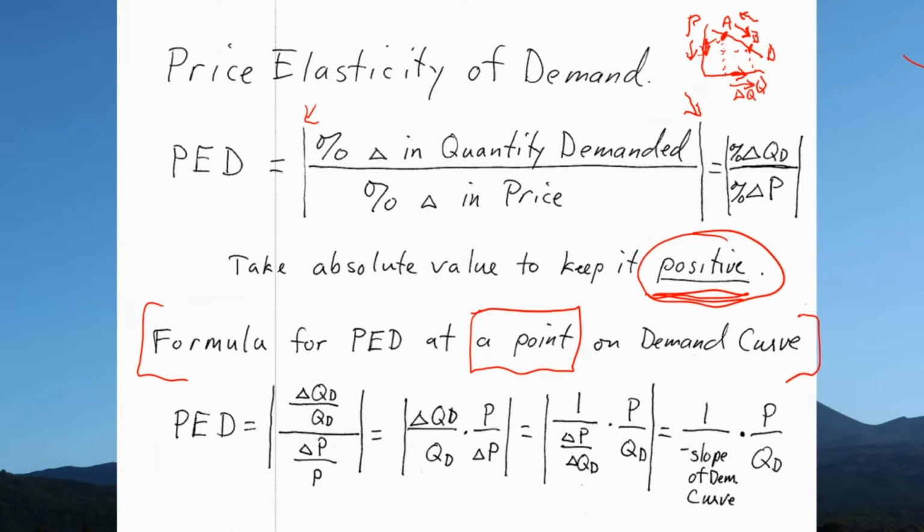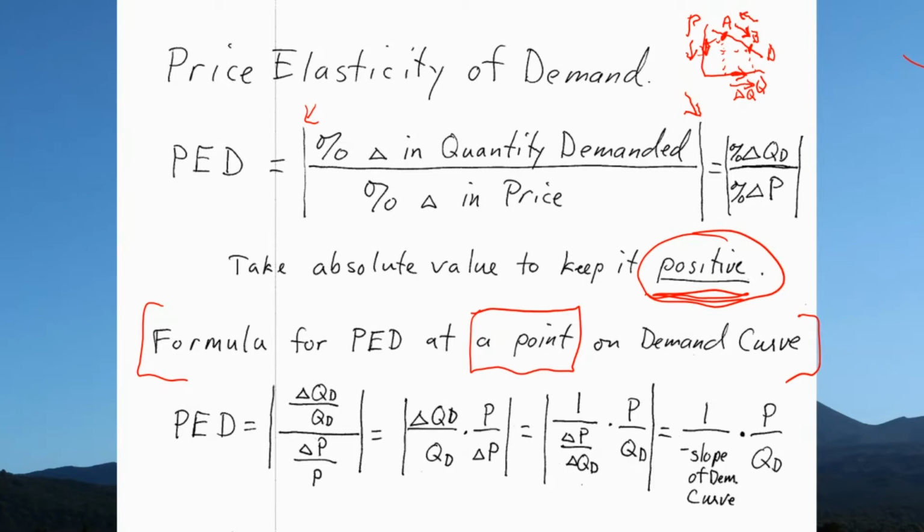Now, derivatives are related to slope of a line, and derivatives are useful especially when and necessary when you've got lines that are curving and changing their slope. Straight lines, linear demand curves, have a constant slope, and it's going to make it a lot easier to calculate price elasticity of demand using this calculus formula.